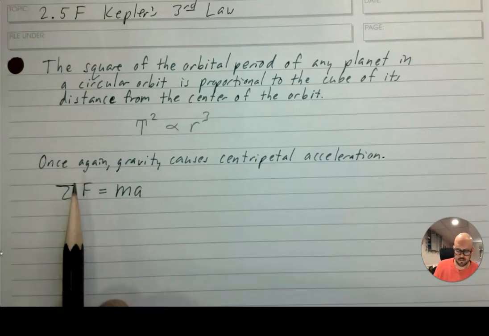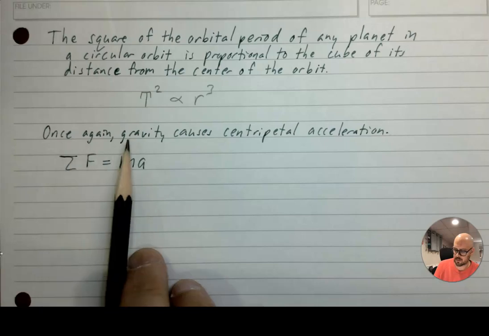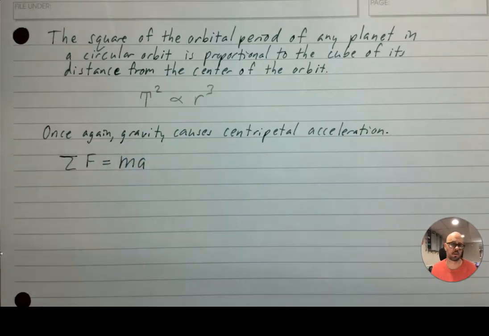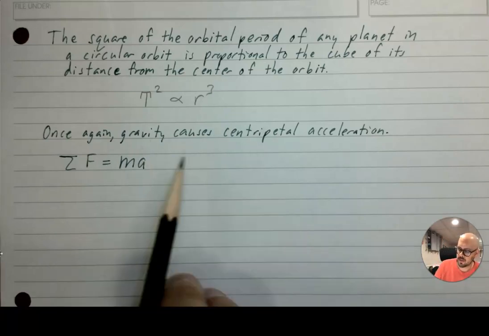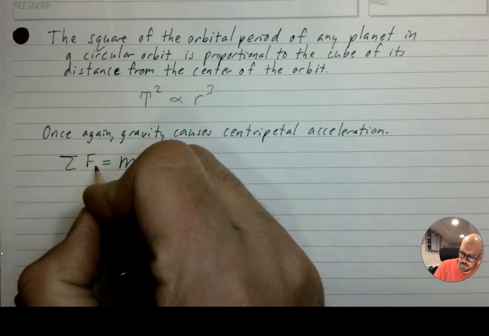A lot of the same stuff happens. Gravity is the only force acting on a planet that's in orbit, and we're going to assume that the only force of gravity that matters is the one coming from the sun at the center of the orbit, or near the center of the orbit of that planet. So gravity causes centripetal acceleration.